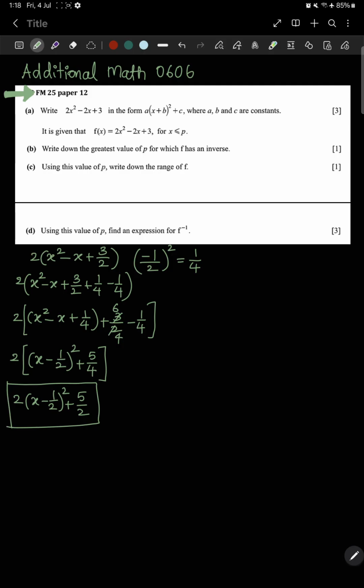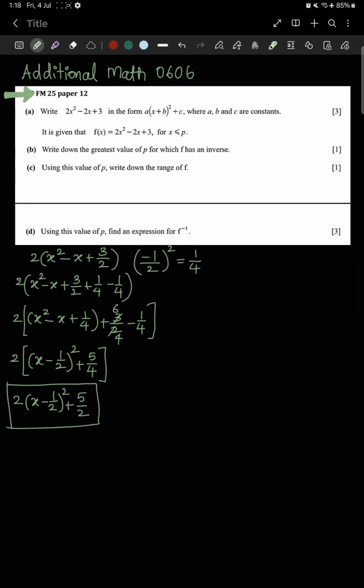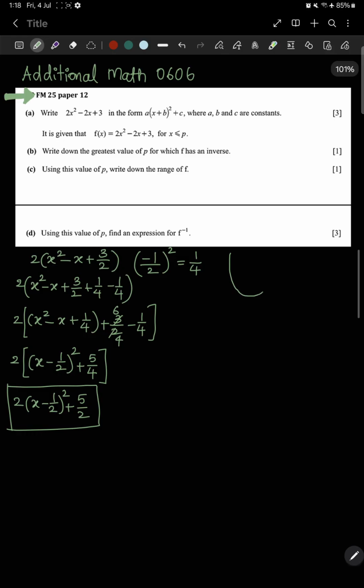Next, it is given that this function is defined for x less than or equal to p, and we have to find out the greatest value of p for which the function inverse exists. Because it is a quadratic, it is going to have a function inverse only if we define it before or after the turning point. Now, how do we get the turning point for this quadratic? From this completed square format, just by observation, we can find the turning point.